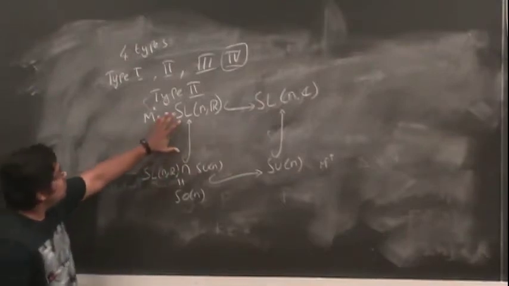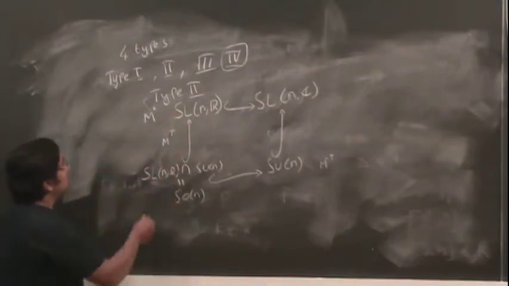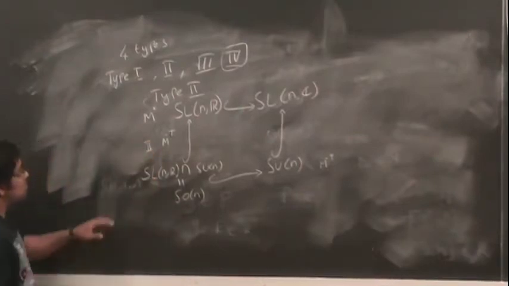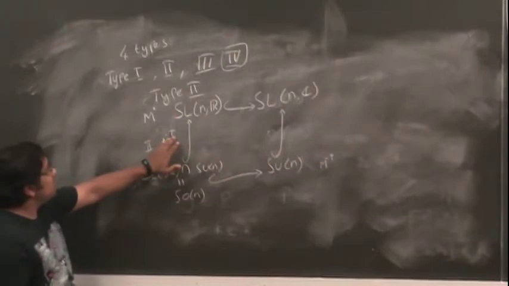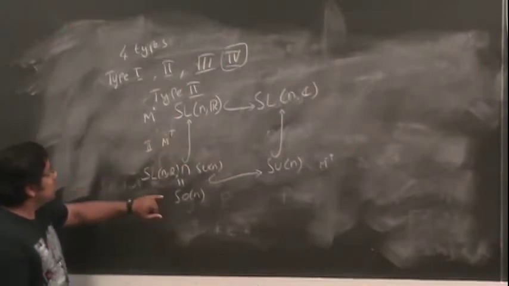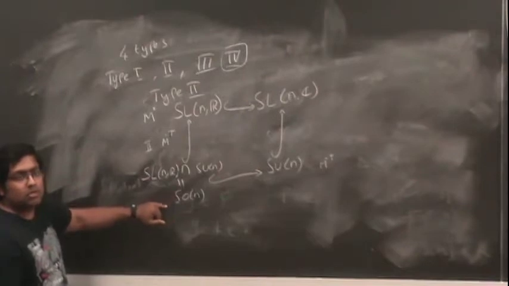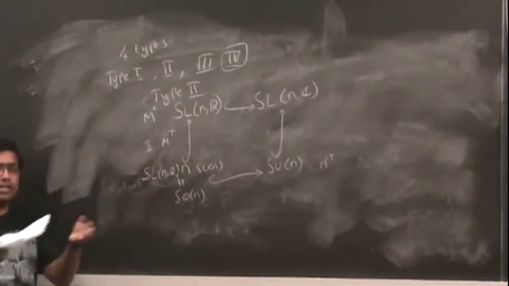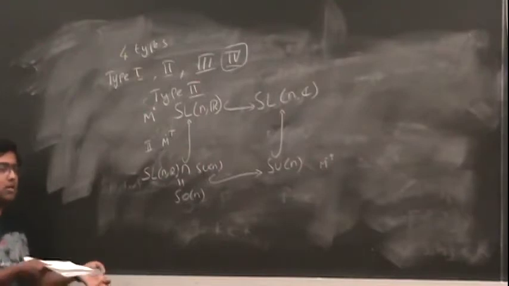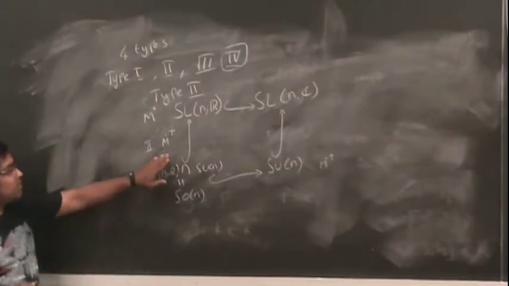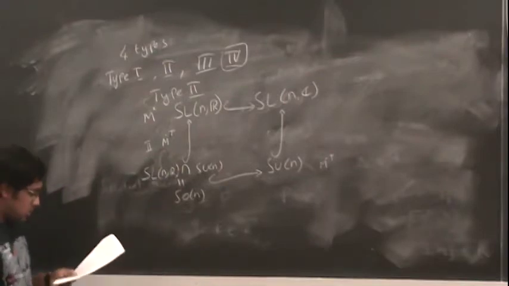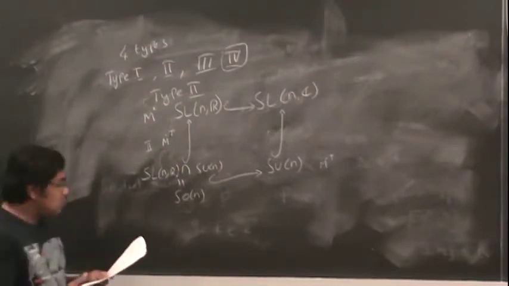So this right here is a type 2 Cartan decomposition. Because when you take transpose and negative and inverse of that, you get back an orthogonal matrix. So given an orthogonal matrix, you take the transpose and take the inverse, you get back the same. So this is in the +1 eigenspace.